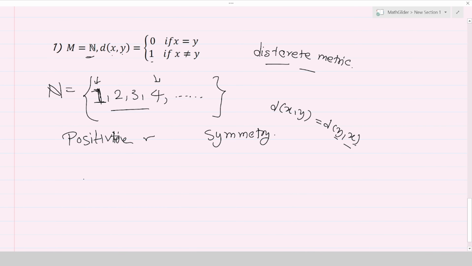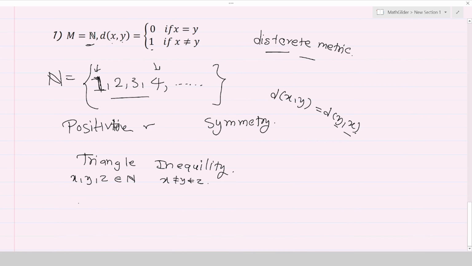And what if we take the triangle inequality property? Let us take three different points, because if we take the same points, it automatically satisfies the triangle inequality property. Let us take three different points x, y, z belonging to the natural numbers where x is not equal to y is not equal to z. Then the distance between x, y is 1.